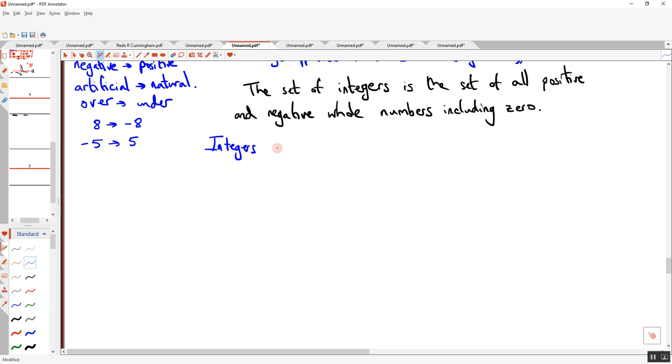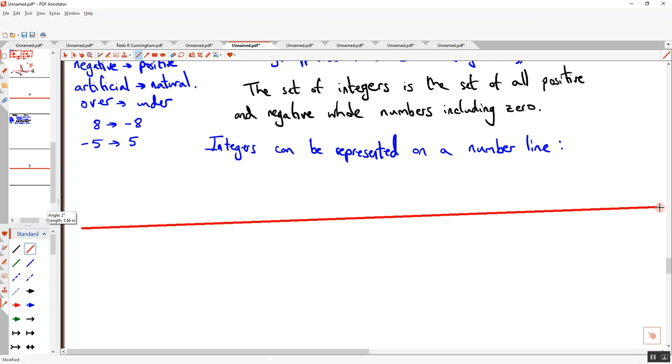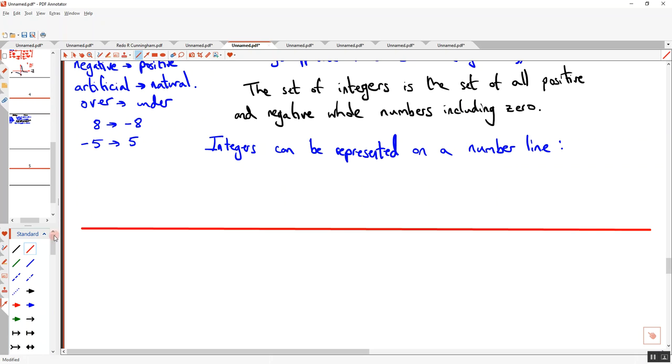Integers can be represented on a... How can we represent integers? What do we use? A number line. Okay, and I'll show you an example of that. So let's imagine we've got our number line, a nice straight line.